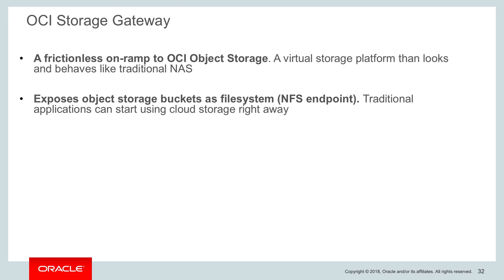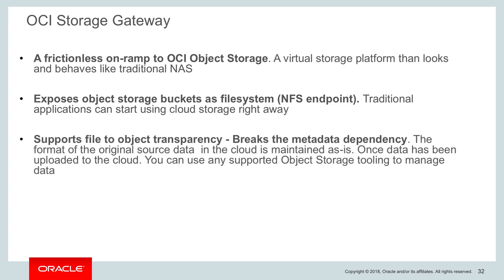So the storage gateway will expose the OCI object storage as an NFS mounting point, and then you can copy the data to that specific NFS mounting point, and that will send that over to the object storage, right? It supports file to object transparency, breaks the metadata dependence, right?